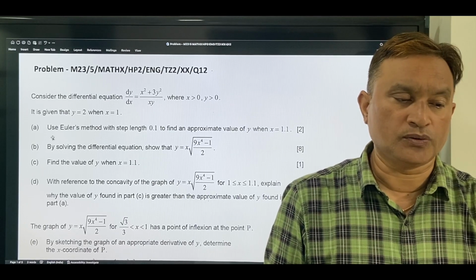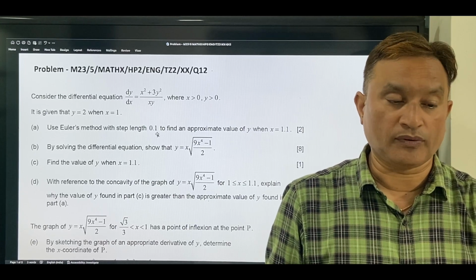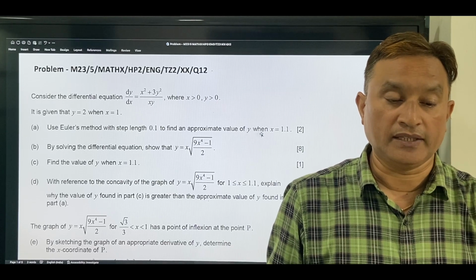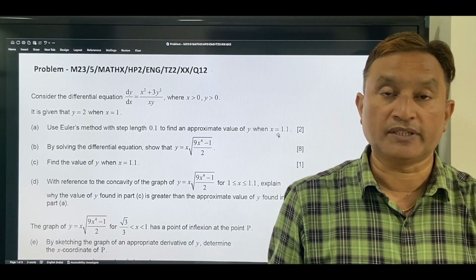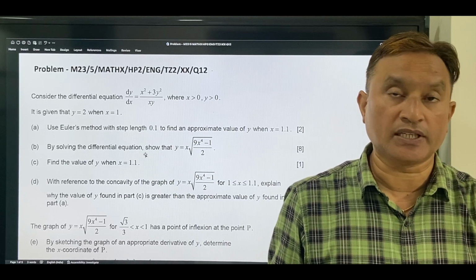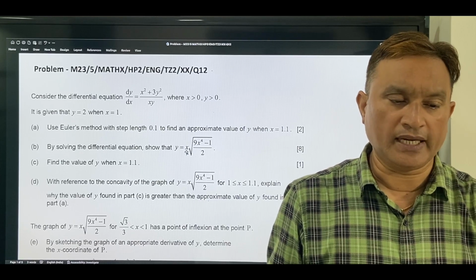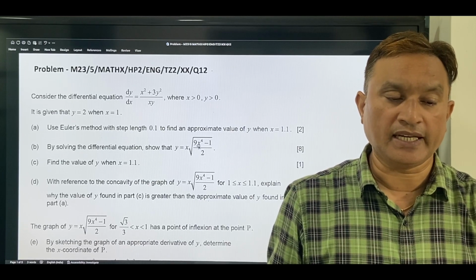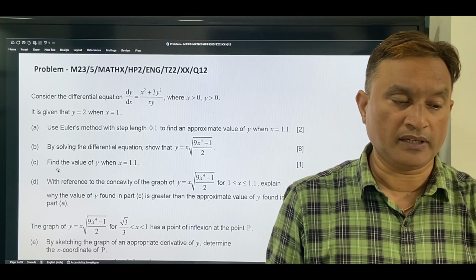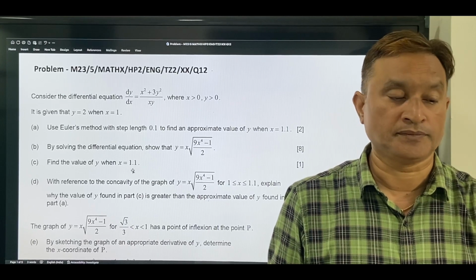A part: use Euler's method with step length 0.1 to find an approximate value of y when x equals 1.1. B part: by solving the differential equation, show that y equals x times root of (9x power 4 minus 1) upon 2. C part: find the value of y when x equals 1.1.